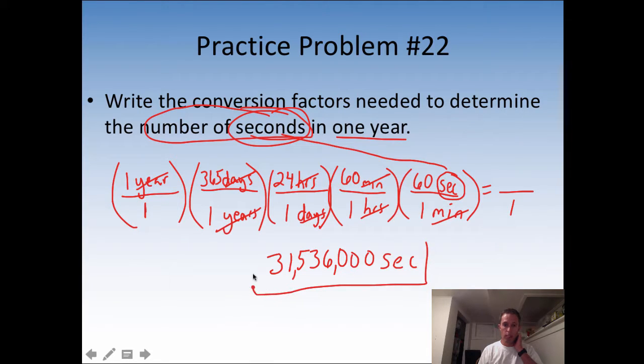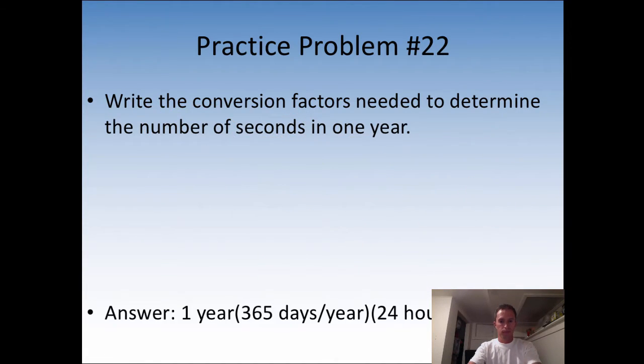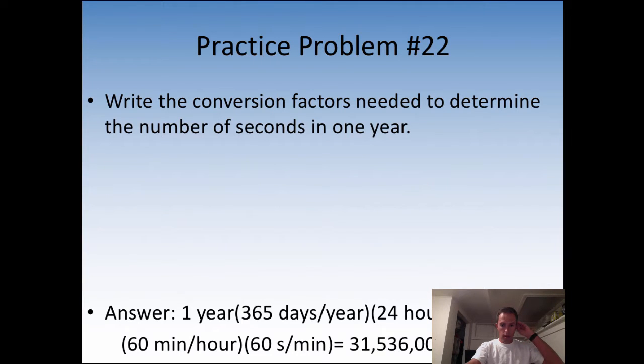And so that's a lot of seconds, but we started at 1 year. So in 1 year, there are 31,536,000 seconds. So kind of cool. We can convert from one unit to another. That's all we're doing. And yeah, that's what we got, so we did it correctly.